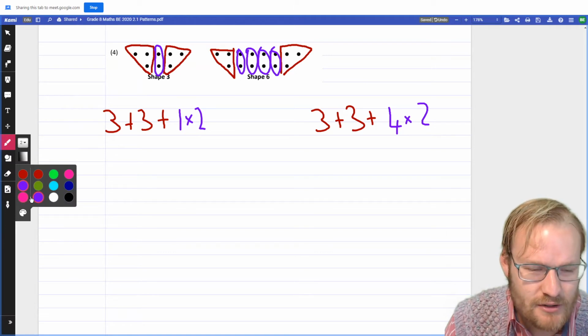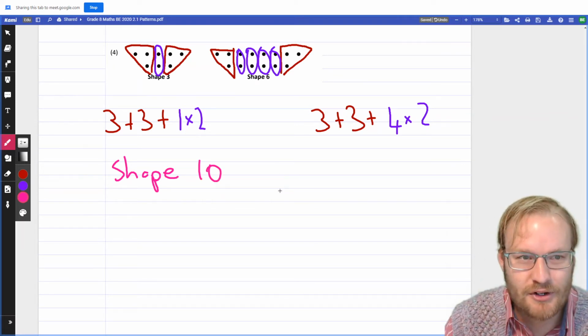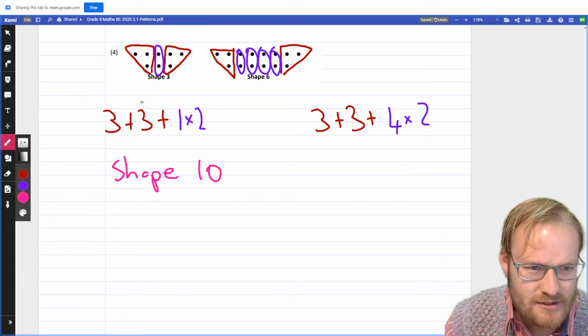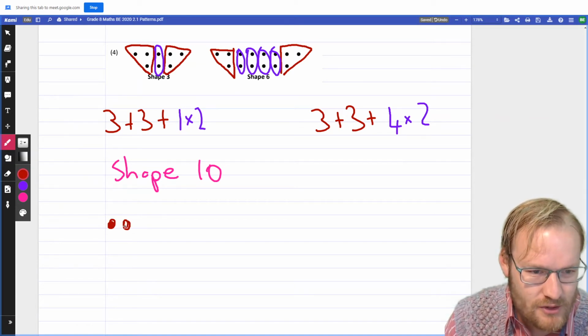So let's now check it out. How would it work if I've got shape 10? How would I draw that if I want to show this? In this deconstruction, I said that I've got this group of 3, so I'm going to go 1, 2, 3. That's 3.